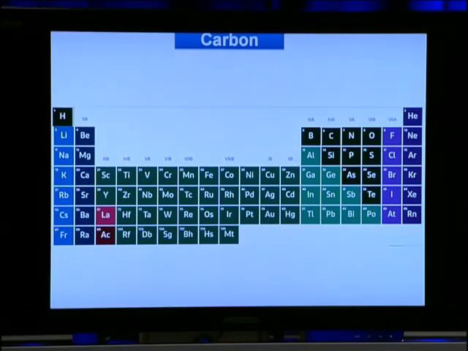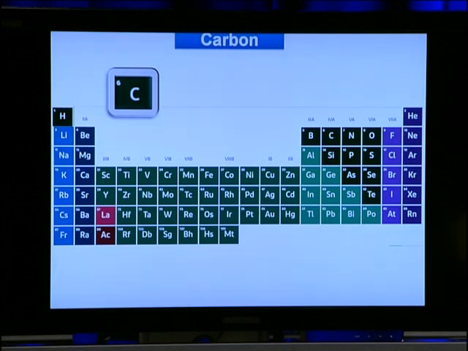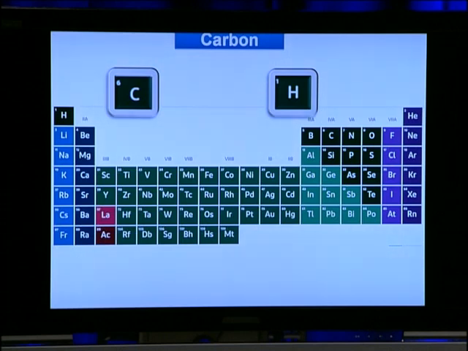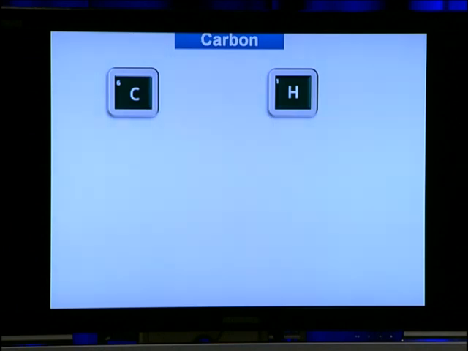If you look into the periodic table, you would find in the second period in group 4A the element carbon with atomic number 6 and symbol C. Likewise, you will also see the element hydrogen with atomic number 1 and symbol H. So these are the two building blocks of the compound called hydrocarbon.